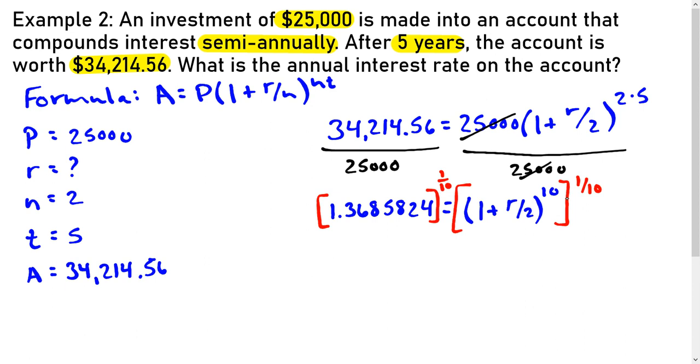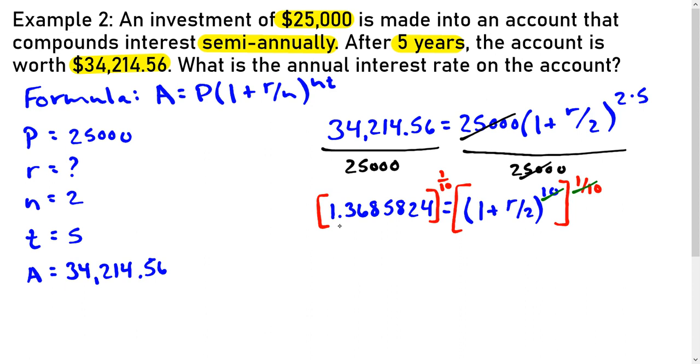So if I have something that's raised to the 10th and I raise it to the 1/10, well then the power of a power property says 10 times 1/10 is really just 1. So those just kind of power themselves out. This over here obviously has to get done in a calculator.